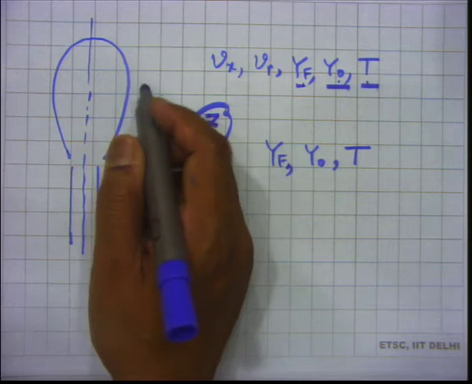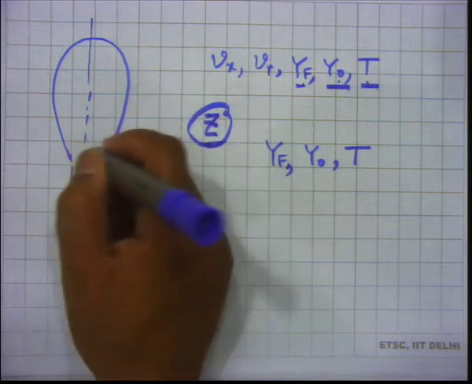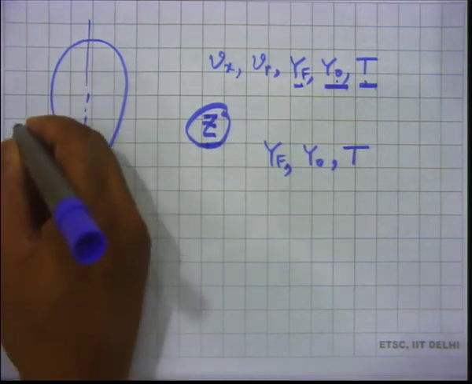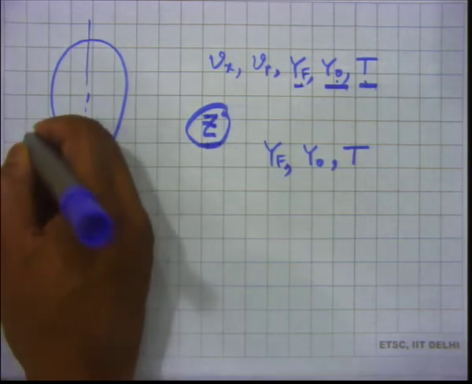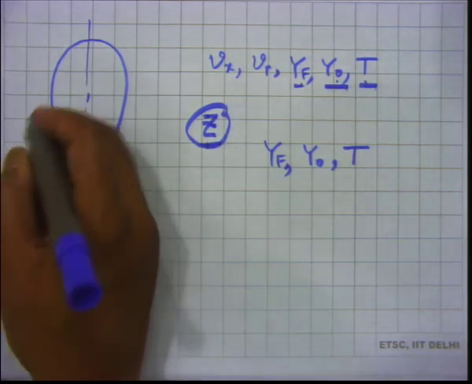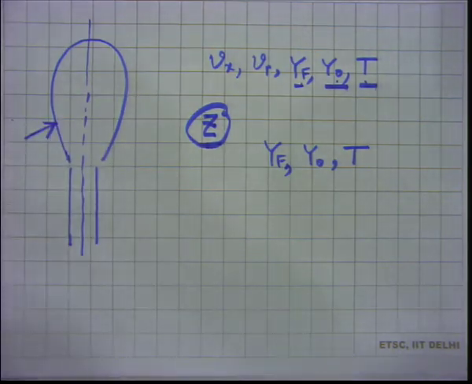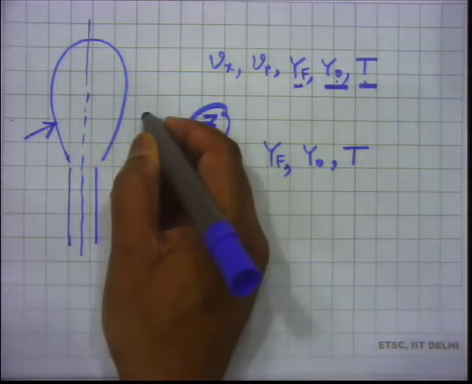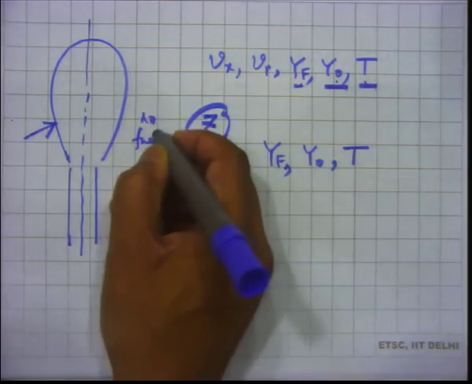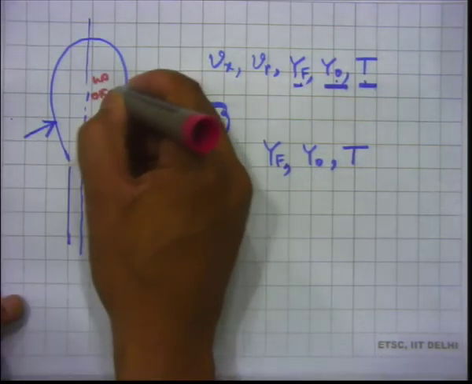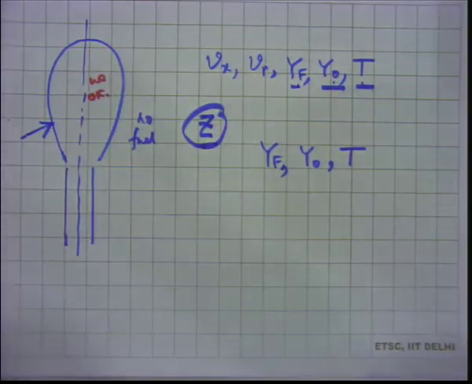Now, one assumption that we have made is that our flame is a thin flame, an infinitesimally thin flame, where irreversible infinitely fast chemical reaction is occurring. All right. So, by virtue of that, there is no fuel outside and there is no oxidizer inside.